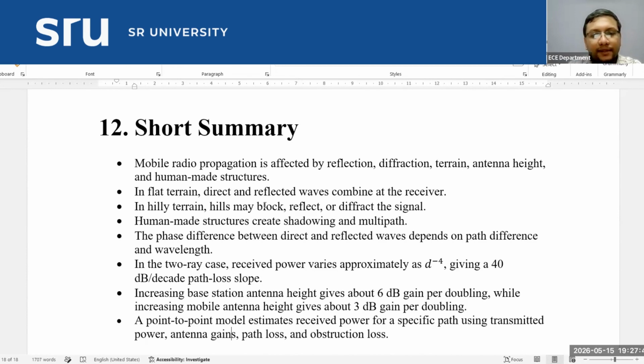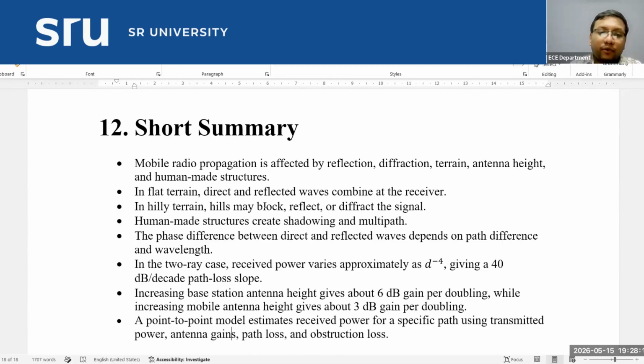The phase difference between direct and reflected waves depends on path difference and wavelength. In the two-ray case, the receive power varies approximately as d to the power -4, or inversely proportional to d to the power 4, that we have discussed.